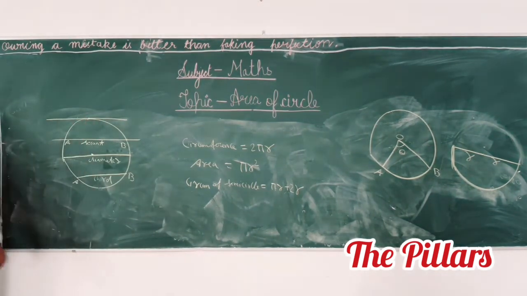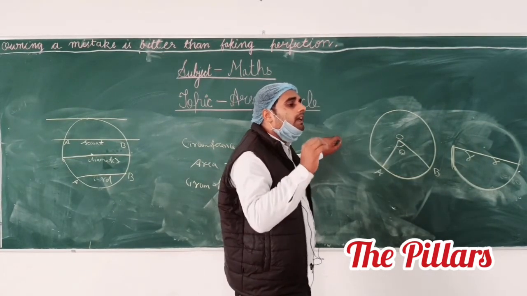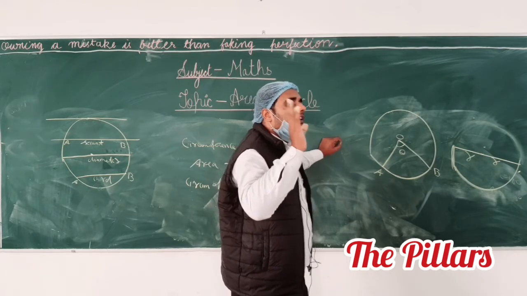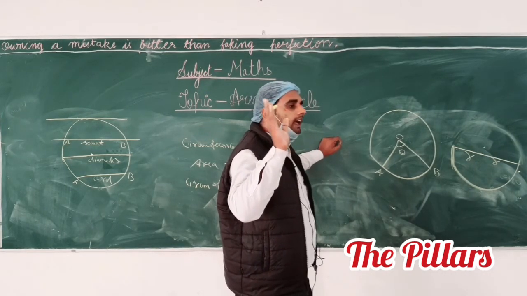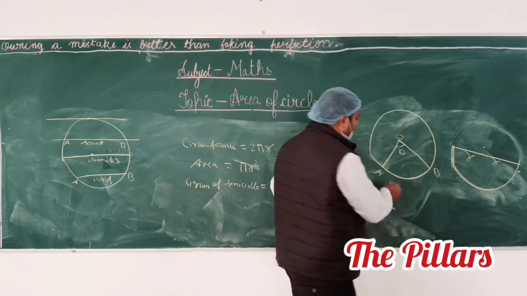Now we have to discuss the central angle, minor and major arc. The central angle is the angle made by any arc at the center of the circle. You see that AB is an arc.